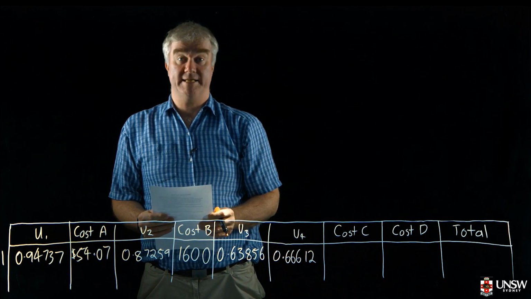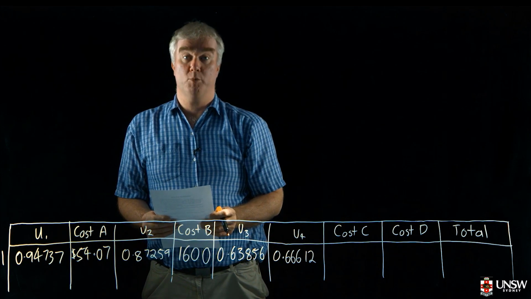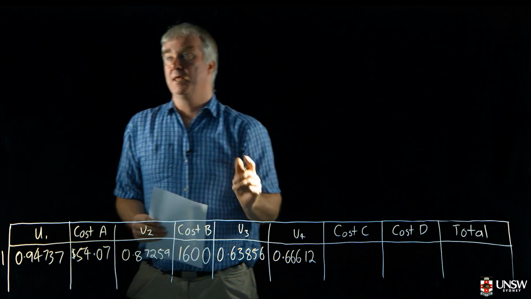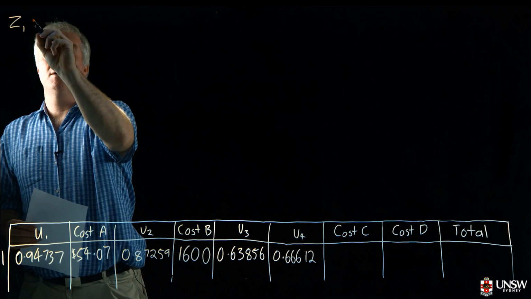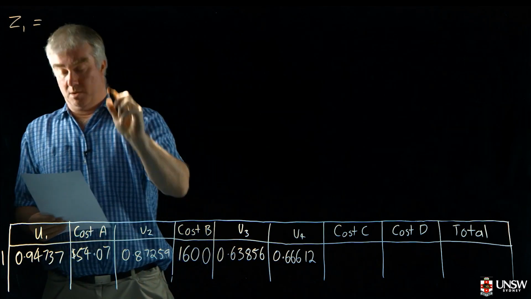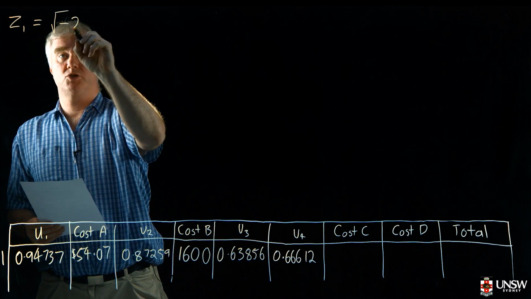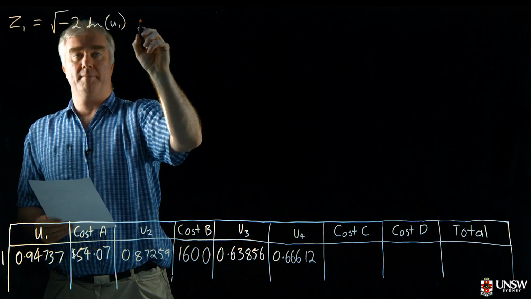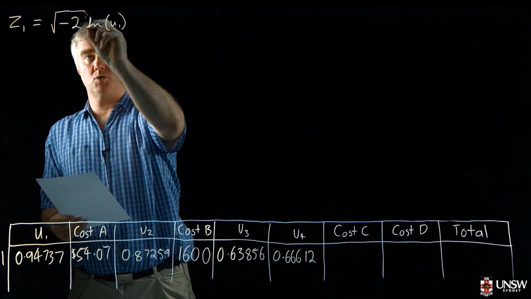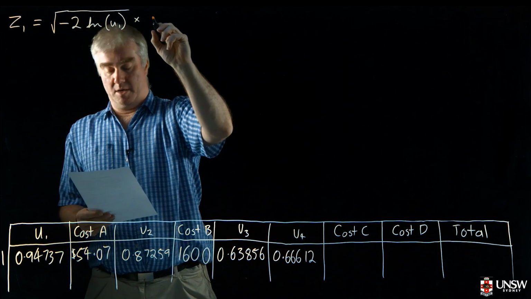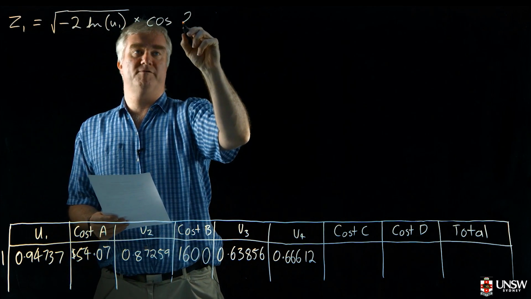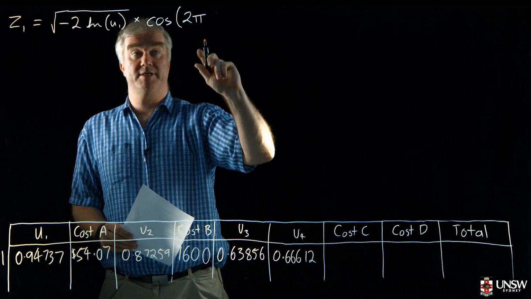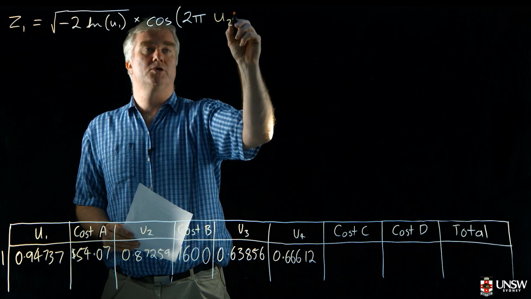Now, we said that activities C and D are both normally distributed. So to solve these ones, we'll need to use the Box-Muller method. So we're going to calculate Z1, which is equal to the square root of minus 2 times ln of U1, and the square root goes all around that, times the cos of 2 pi, and remember if your calculator is in degrees, that needs to be 360 times U2.